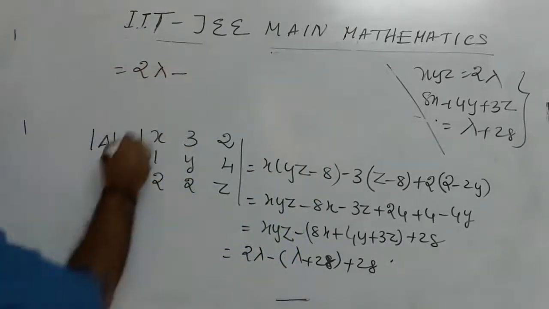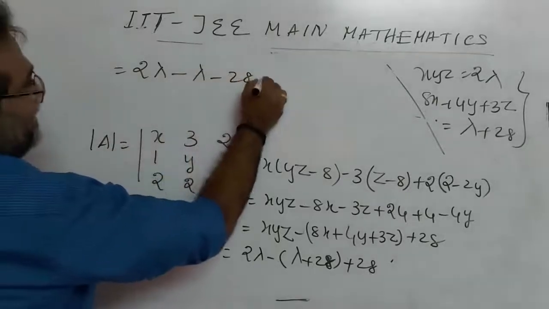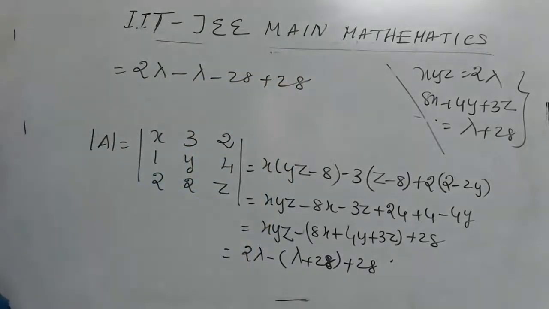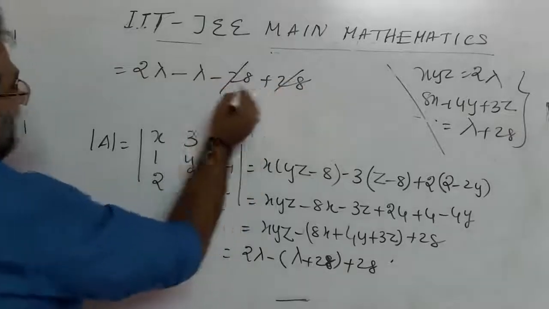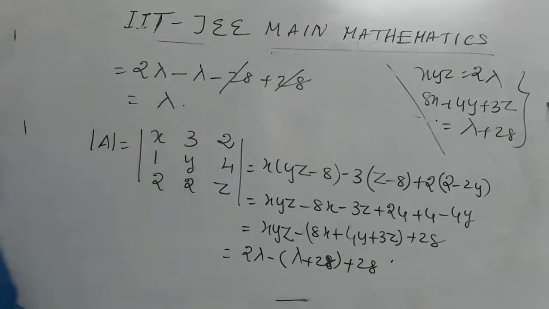Two lambda minus lambda minus 28 plus 28. This will be cancelled. That is lambda.